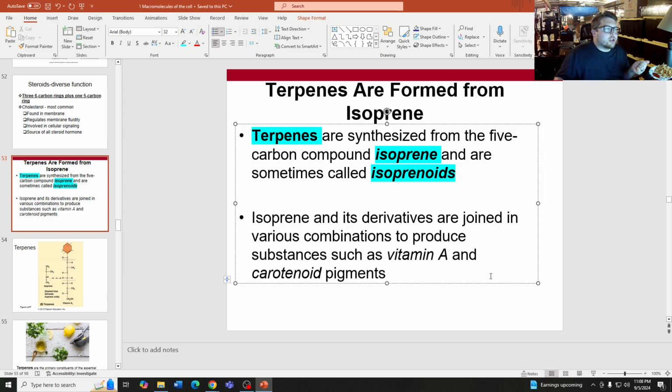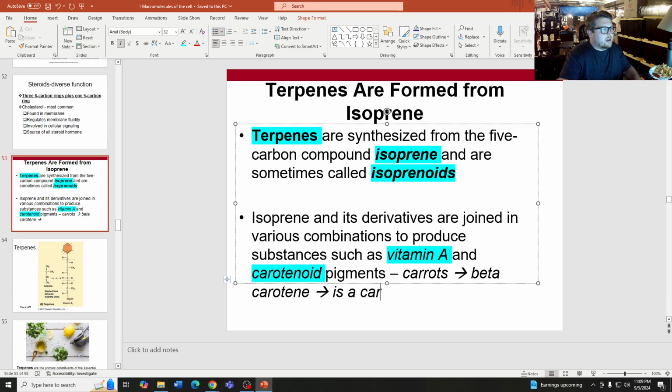So terpenes, isoprene, isoprenoid. Connect it with vitamin A and the word carotenoid. If you think vitamin A, think about carrots. Carrots have beta carotene. Beta carotene is a carotenoid. Okay.